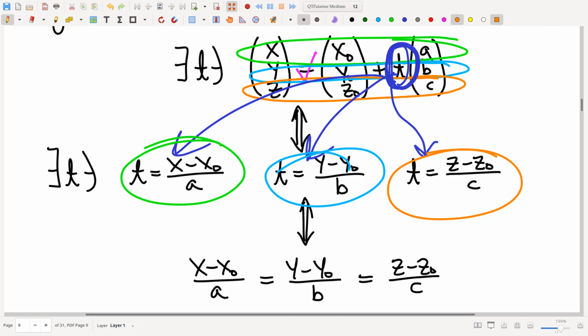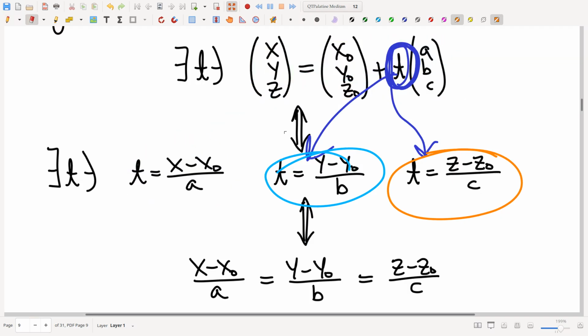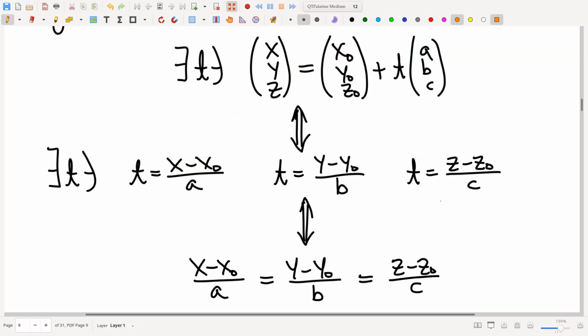Now let's rewind, take a pause real quick. What was the point of all this in the first place? Well, I need to know if there is a value of t that makes this work. Is there a value of t that makes these three equations work? Rhetorical question. Okay, well, let's think about that for a moment. Is there a single value of t that makes all three of these equations work?